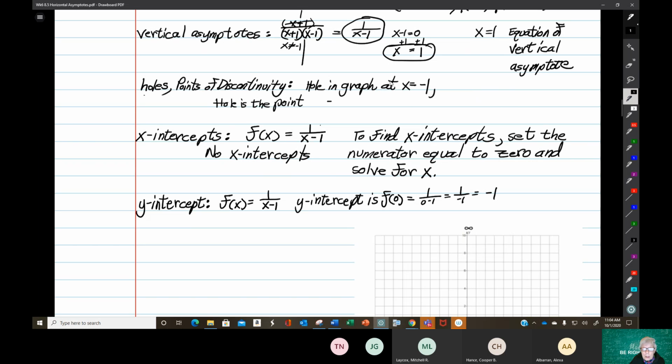Now I have f of x equals 1 over x minus 1. If I let x equal -1, I'll have f of -1 equals 1 over -1 minus 1, which is 1 over -2, which is -1/2.